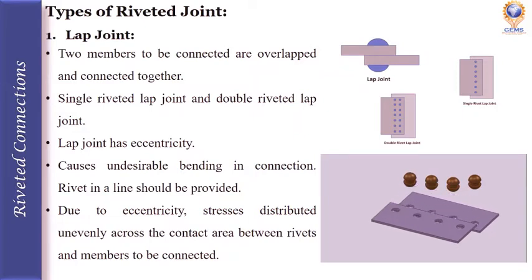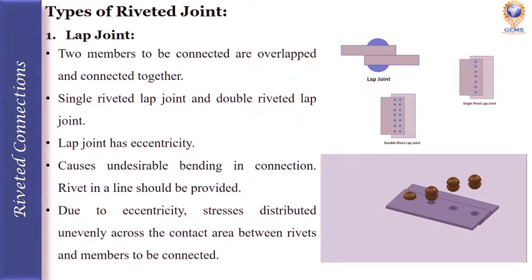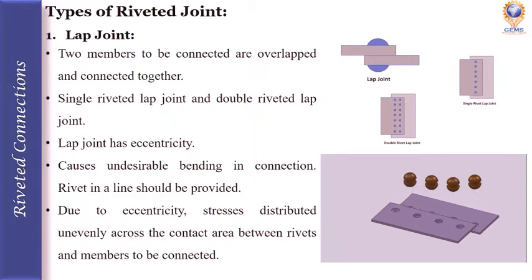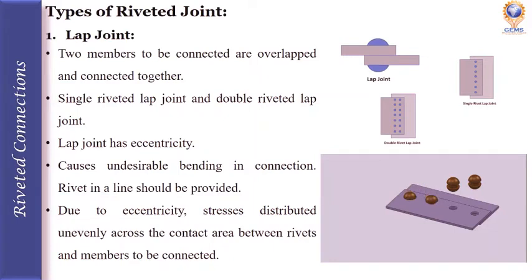To avoid this couple, we have to place the rivets in a line. Also, due to the eccentricity, the stresses are distributed unevenly across the contact area between the rivets and the members to be connected. This puts a limitation on the use of lap joints.